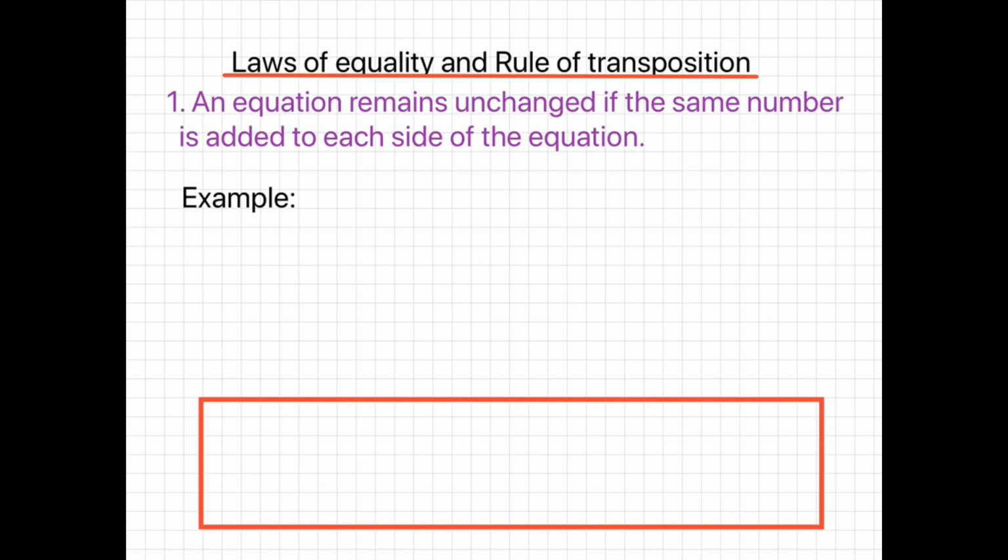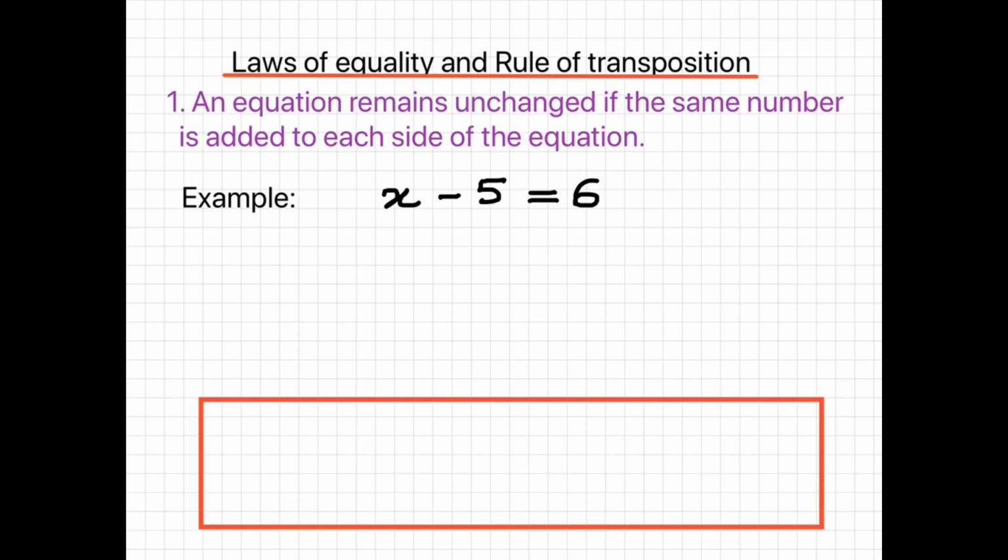In this equation, x minus 5 is equal to 6. Solving an equation means finding the value of the variable. So, what we are going to do here is, we are going to eliminate minus 5 from left hand side. For that, we will add 5 on both the sides.